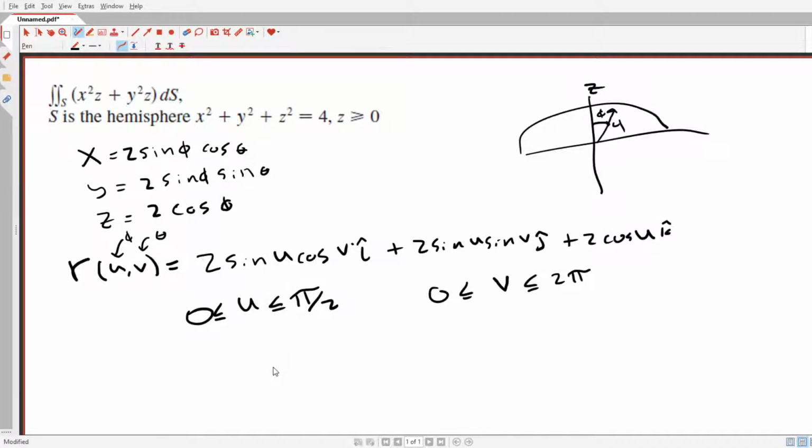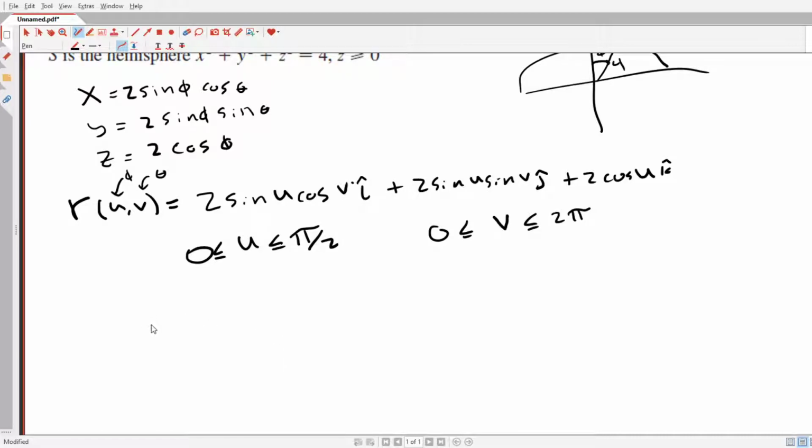Okay, so now I compute the derivatives. The derivative of this with respect to u: derivative of sine is cosine, so 2 cosine u cosine v i.